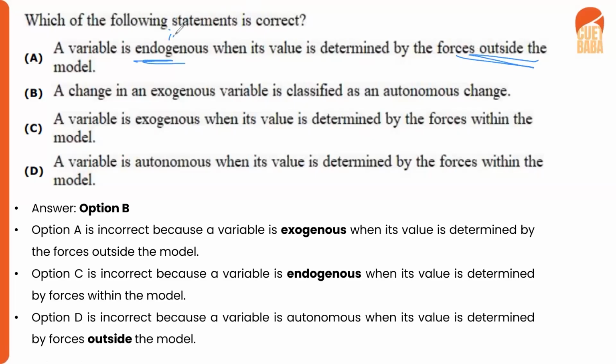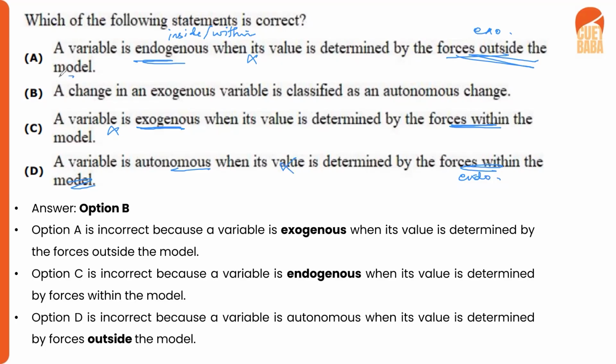Endogenous is inside or within the model, and exogenous is outside. So this option is wrong. Option C says exogenous is when its forces are within the model, and that is wrong too. Then option D says a variable is autonomous when its value is determined by forces within the model. We know what within the model is, that is endo. So again, this is wrong.